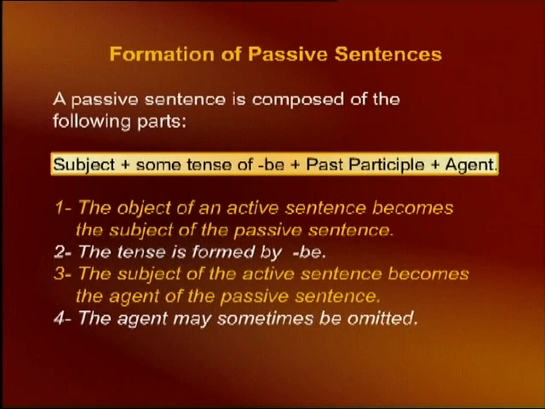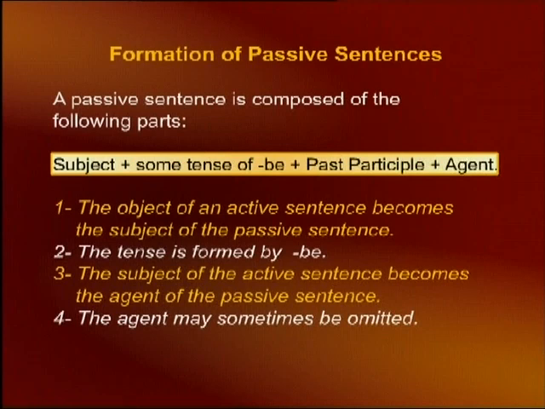You have to keep in mind there are 4 things in the formation of the passive sentence. Number 1, the object of an active sentence becomes the subject of the passive sentence. What is the object in an active sentence? It becomes the subject of the passive sentence.